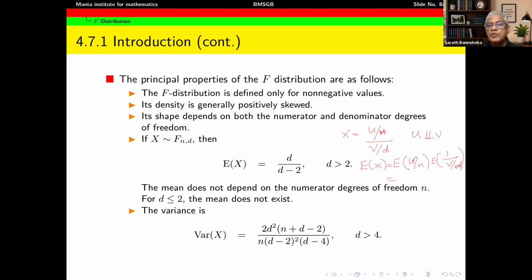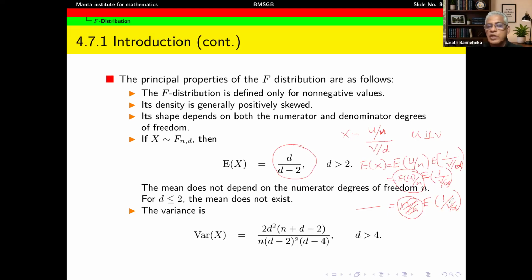I will leave the V divided by D part as it is and simplify only this part. The expected value of U is equal to N, because U has a chi-square distribution with N degrees of freedom, and for the chi-square distribution the expected value is equal to N. So N divided by N times the expected value of 1 over V divided by D. You can see that N cancels out.